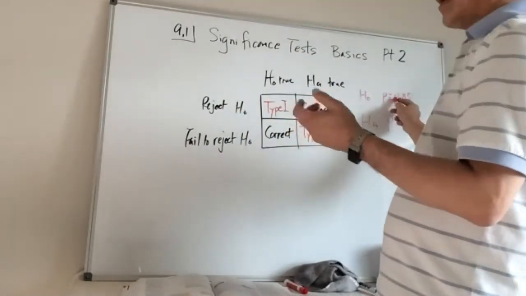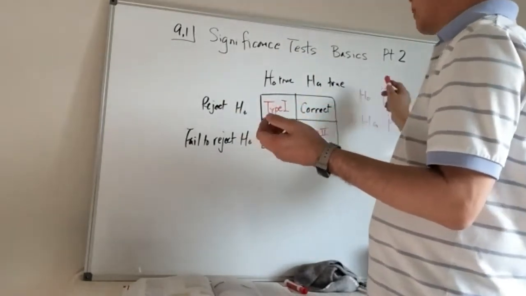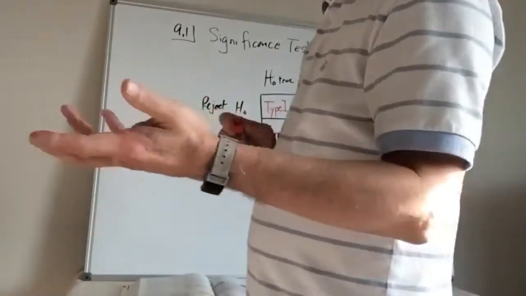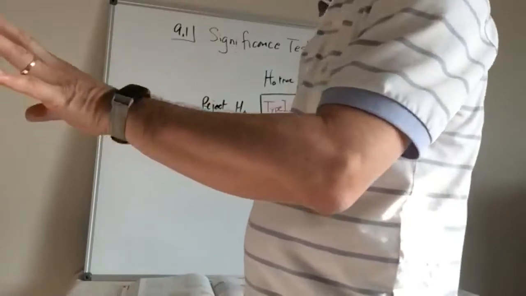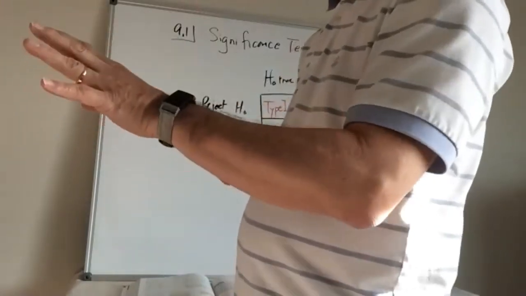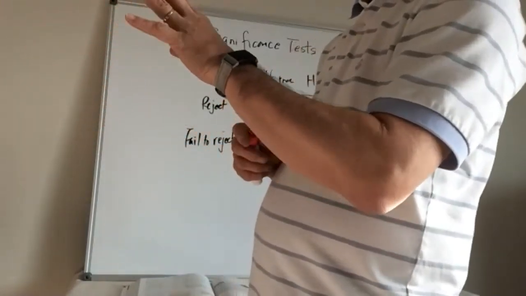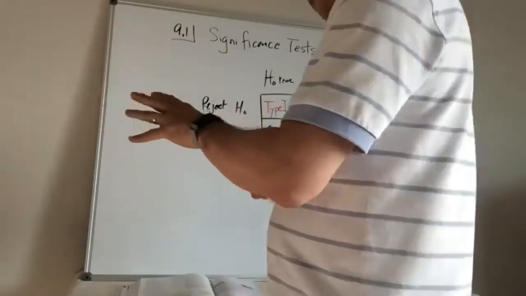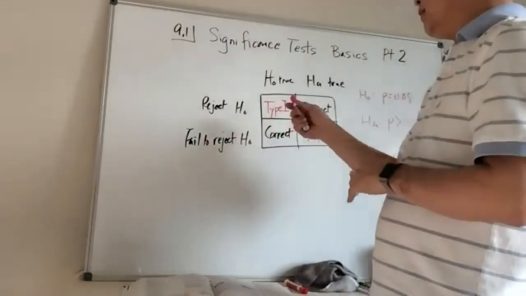I have 8% blemishes, but I go ahead and reject it. So what's happening here? I am turning away a perfectly usable truckload of potatoes. That's what's happening in that error.